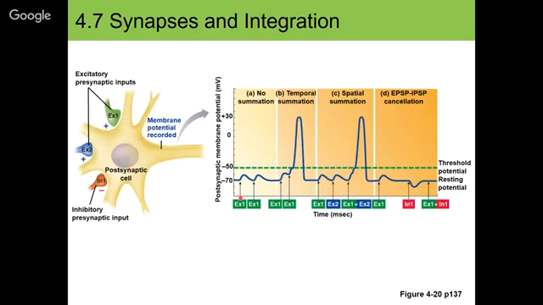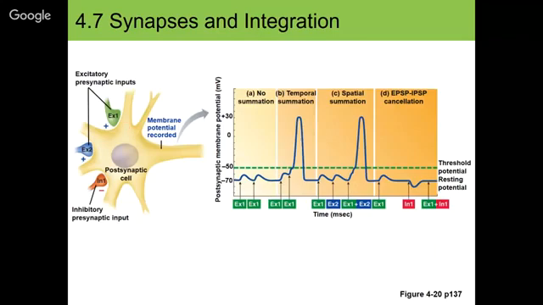So you're not going to get any summation, because the first process of stimulation is finished, and then you get another stimulation that is separated from the first one. There's no piggybacking, there's no summation here. There's no overlap.